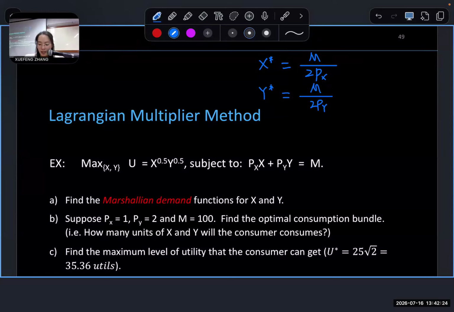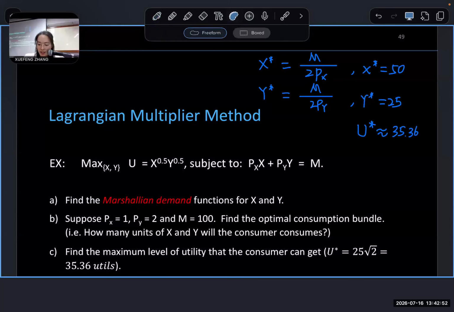When we plug in numbers, because Px equals 1, Py equals 2, and M equals 100, you get X star equal to 50 units and Y star equal to 25 units. What about the maximized utility? It is approximately 35.36 utiles. Don't forget the unit.